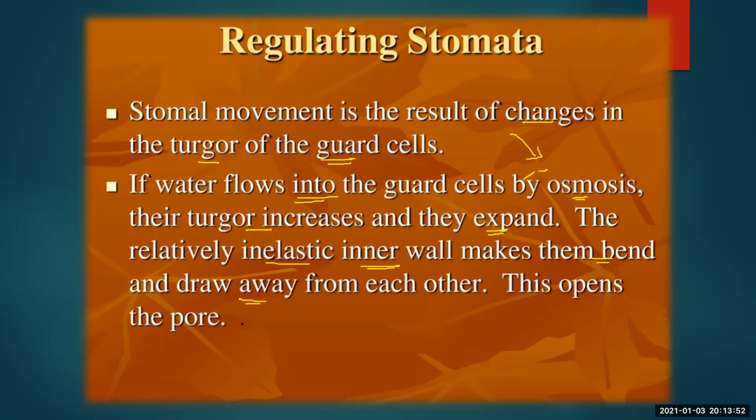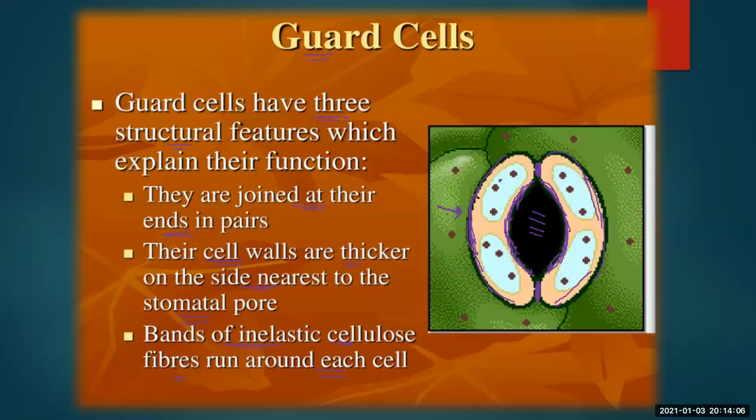This opens the pore. If we compare with this diagram here, see as the turgor increases, what happens? Because this one is inelastic, it doesn't move. But this one, because of turgor, is thinner. So this causes these guard cells to bend, right? So they would bend here, right?